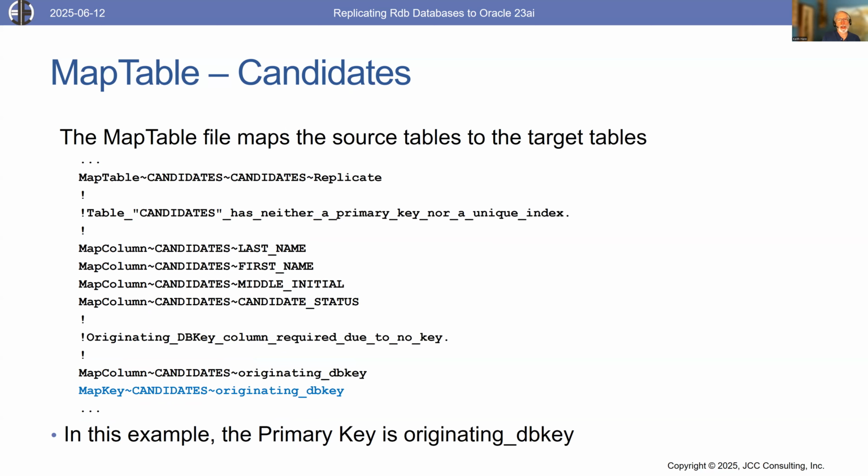Candidates, there wasn't actually a primary key or unique index on the source database. And so the procedure adds a virtual column that we're going to call originating DB key and uses originating DB key as the primary key.